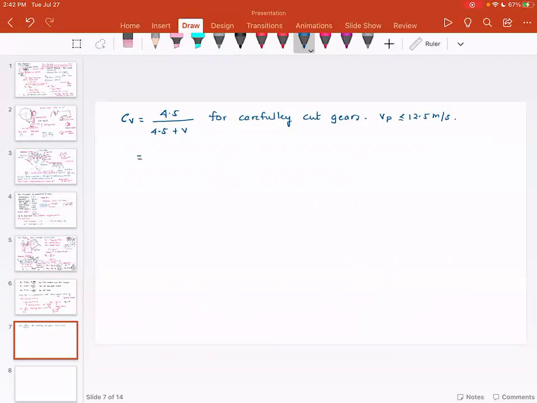If you have accurately cut gears where Vp is less than or equal to 20 meters per second, and if you have gears that are precision cut, it's 0.75 divided by 0.75 plus square root V, for precision cut gears.